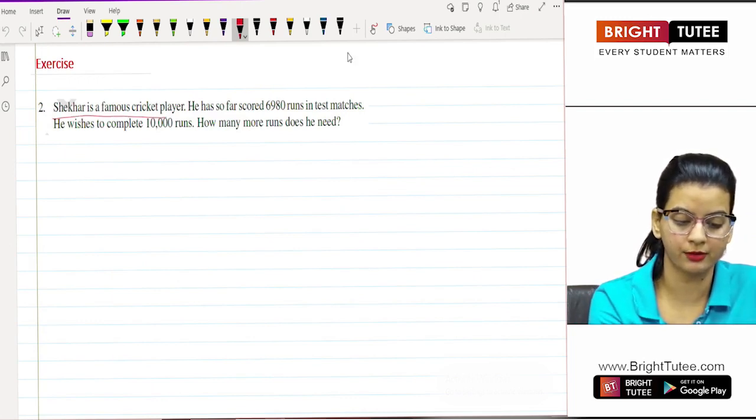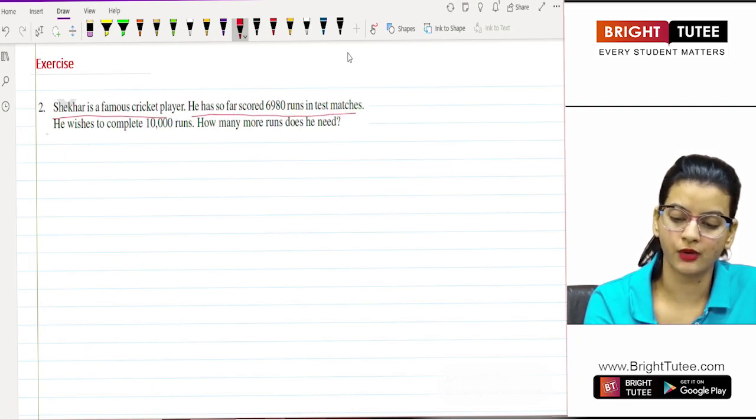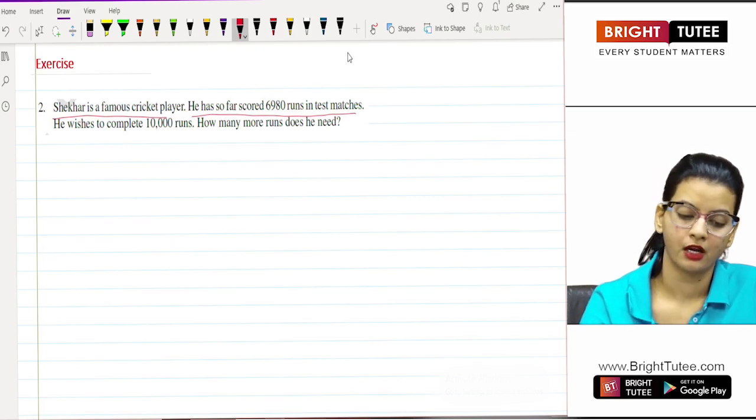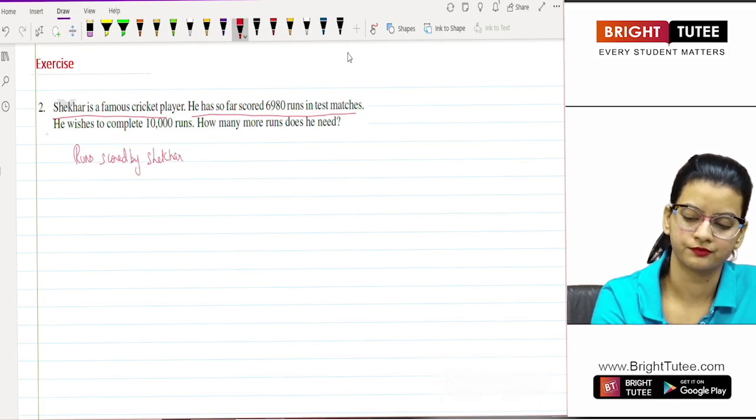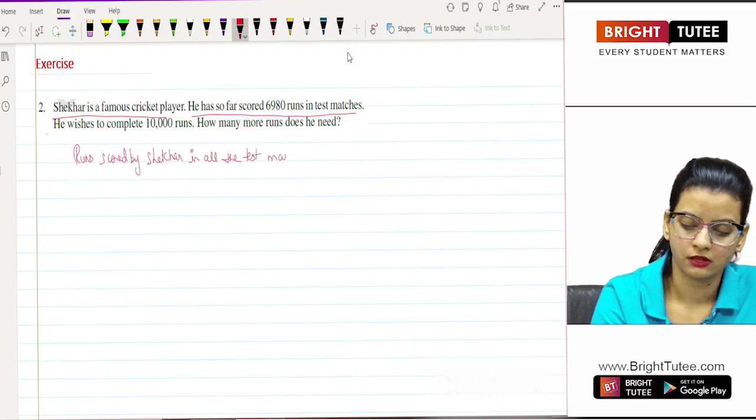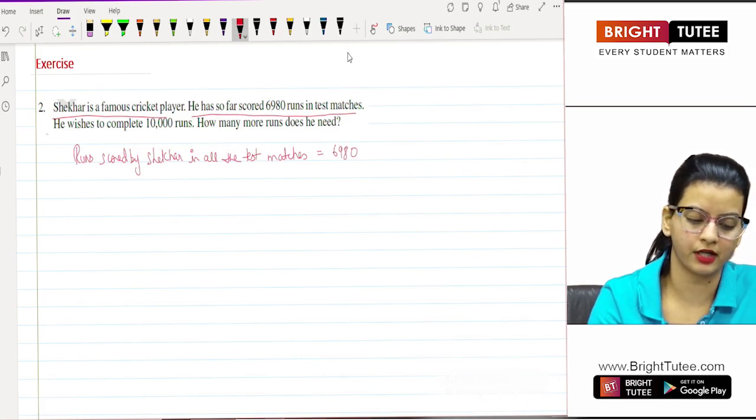The next question is, Shekhar is a famous cricket player and he has so far scored 6,980 runs in test matches. So runs scored by Shekhar in all the test matches is equal to 6,980.